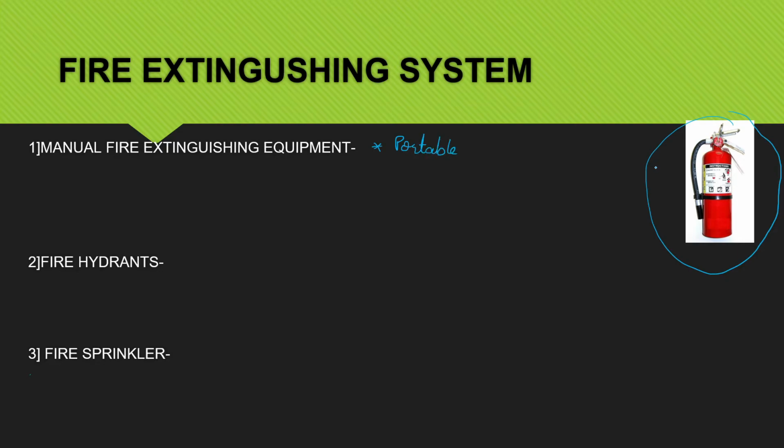If there is any fire accident, they use these extinguishers. This produces a large amount of foam which stops the fire. You have seen a bucket filled with sand and water placed in parking, which also helps in reducing the fire. So this is about fire extinguishing equipment which is manual.